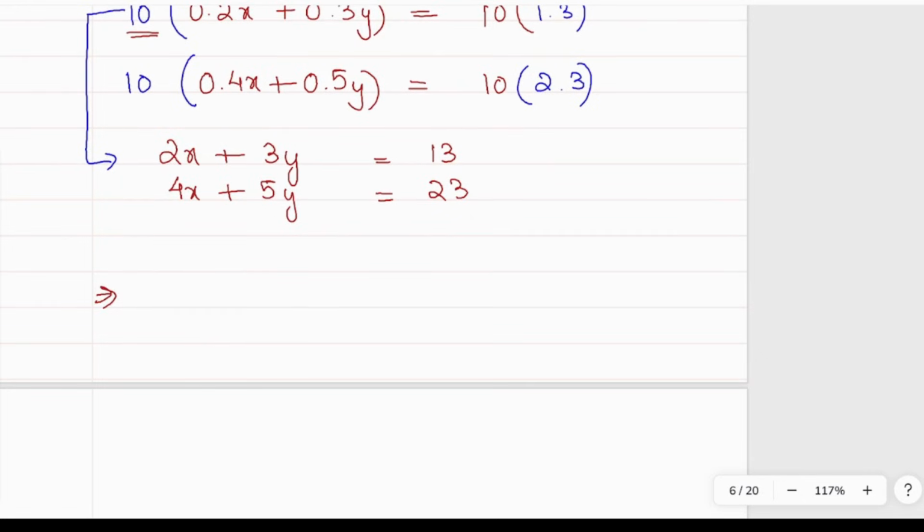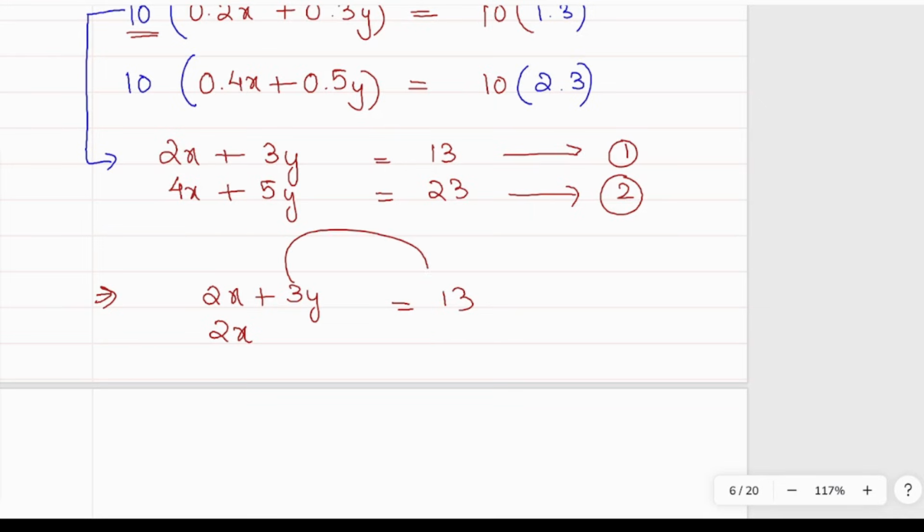So now I got two equations. This is my first equation and this is my second equation, right? So from the first equation, I'm going to take my first equation and I need a value for x so that I can substitute that value in the second equation.